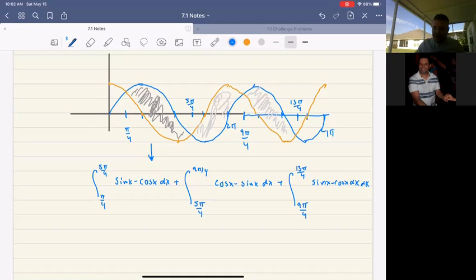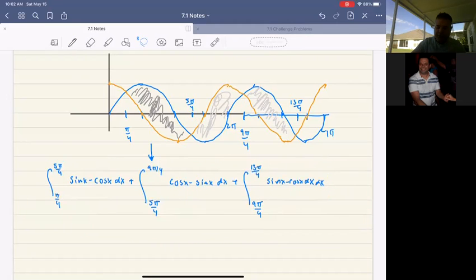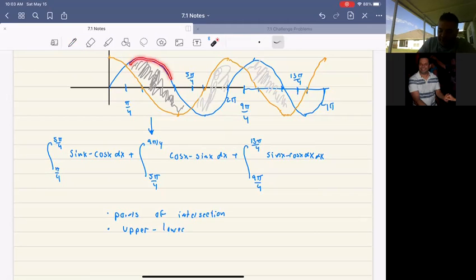What I want you all to realize is that we're always looking for points of intersection, and we're taking the upper function minus the lower function, so we should always get a positive value.